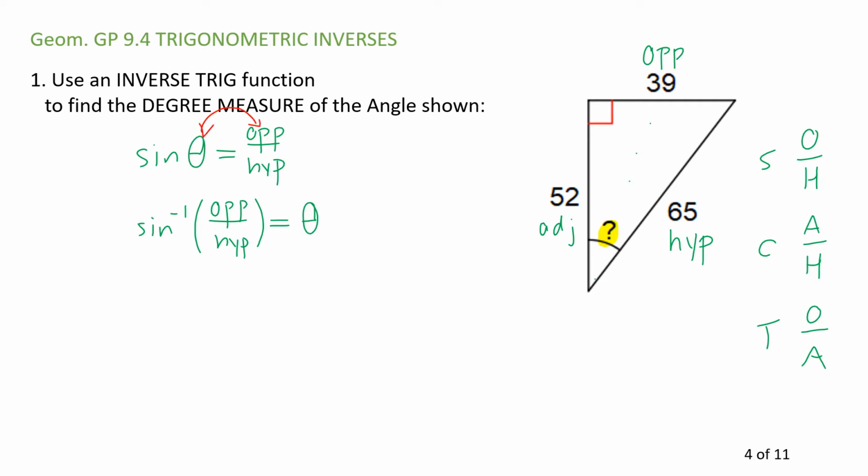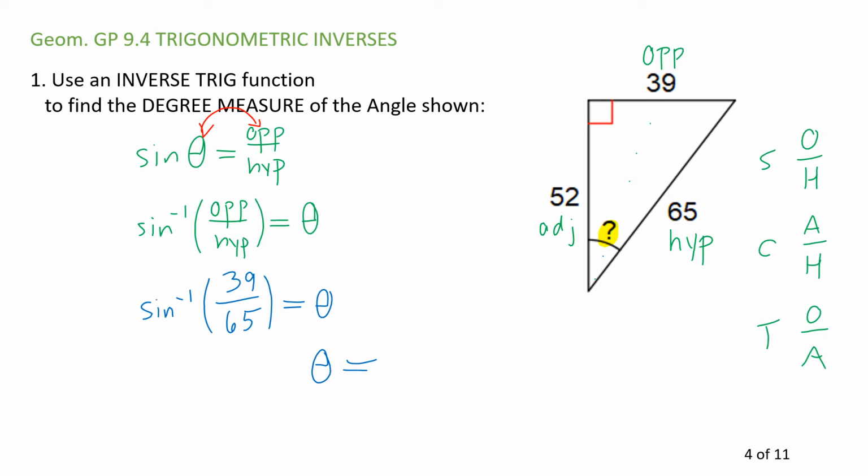So I'm trying to find an angle. So sine inverse of opposite over hypotenuse is going to equal what I'm looking for. All right, well, if you're standing here, the opposite is 39, the hypotenuse is 65, and there's your answer. Plug that into your calculator using the second inverse button.